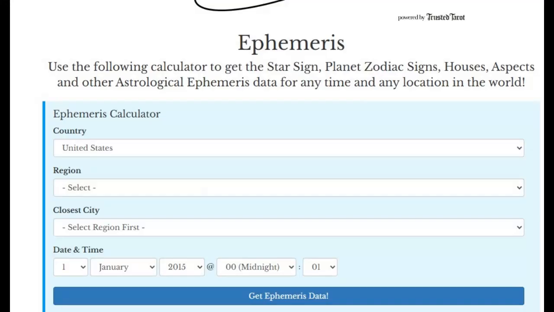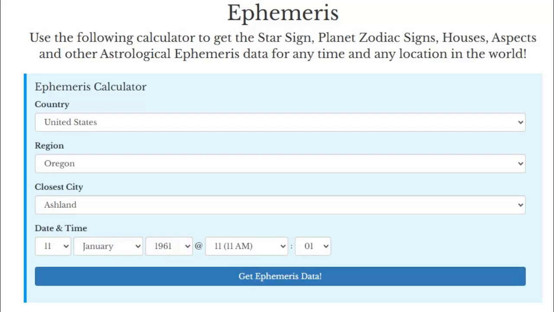My screenshot number 1 then shows you what is on that page. Ephemeris. Use the following calculator to get the star sign, planet, zodiac signs, etc. And you can see that it has a blank for filling it in. Then I have my screenshot number 3, which shows it filled in.